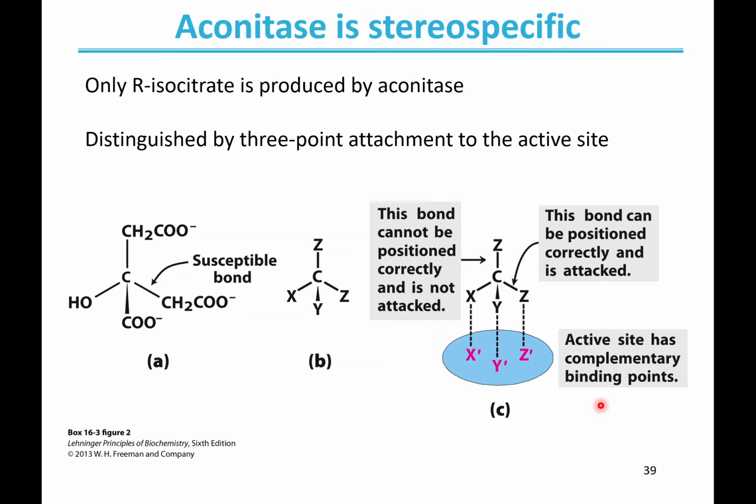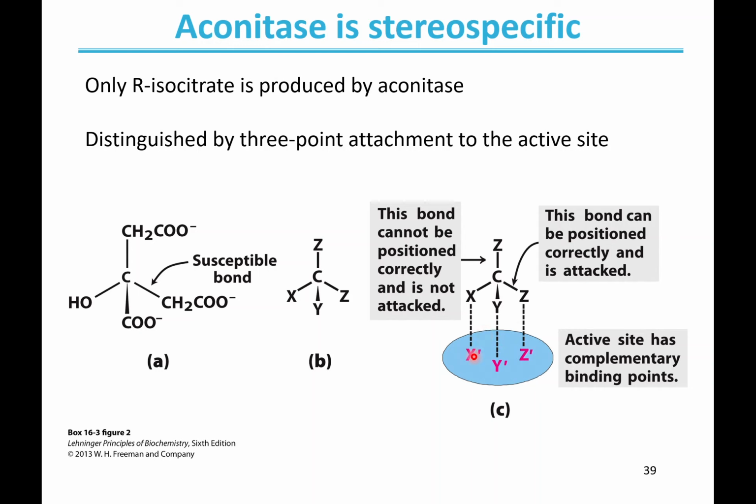Okay. Back to aconitase. Aconitase is, as we mentioned, stereospecific. Only the R isocitrate is produced by aconitase. And how that occurs is, if we look at the susceptible bond, the bond that we want to react on in isocitrate, right?